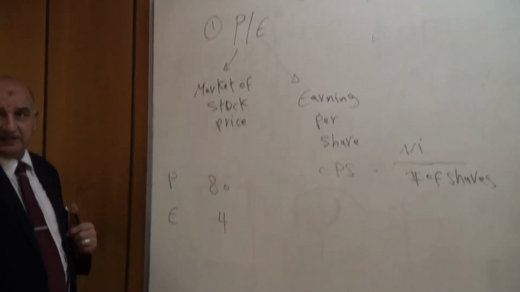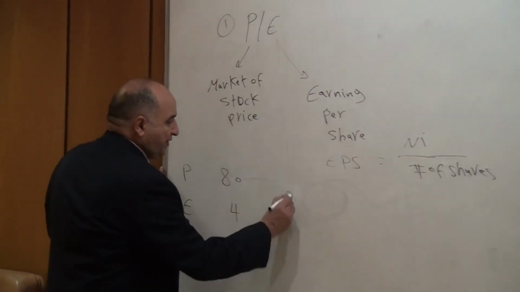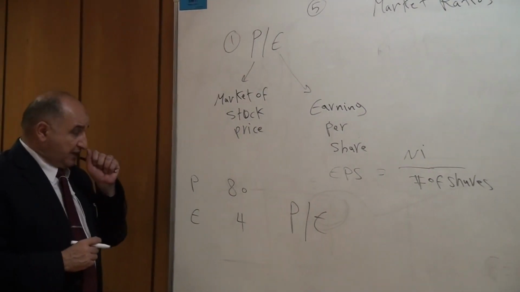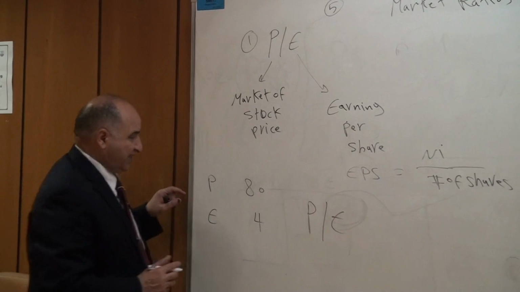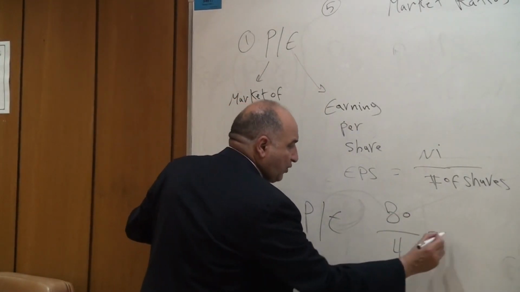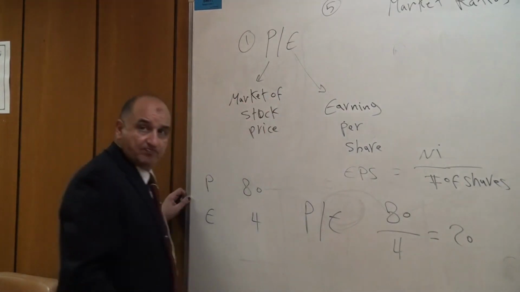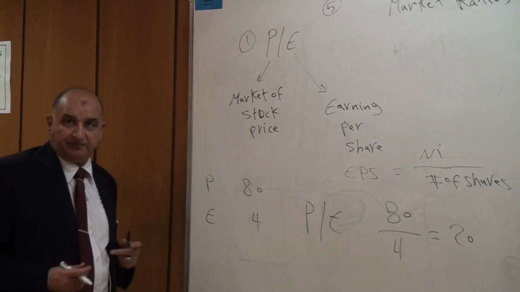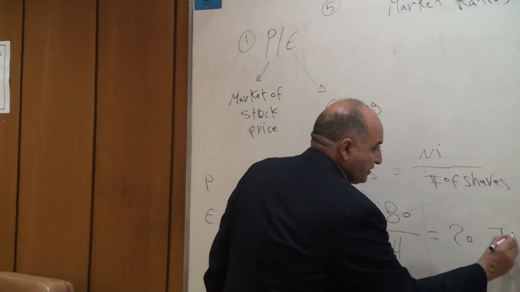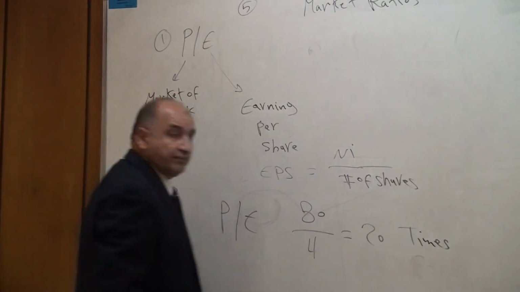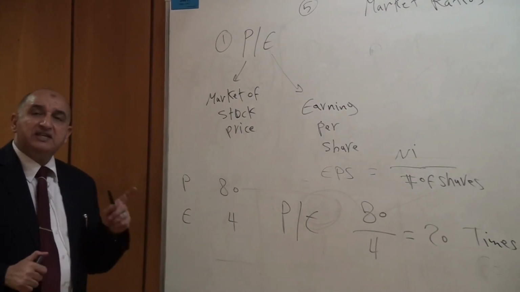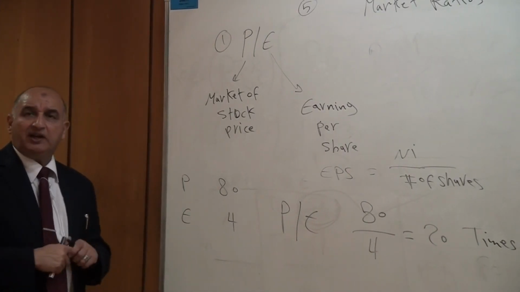In this case, calculate the PE, the price earning ratio. The price earning ratio in this case will be 80 divided by 4, equal how much? Equal 20. 20 what? Normally we call it 20 times.